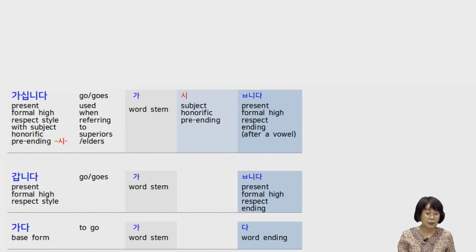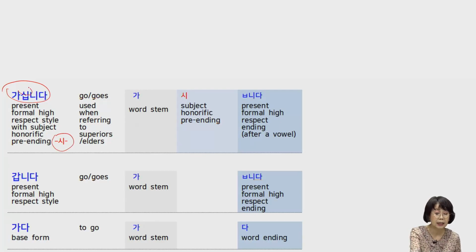가십니다. Present formal high respect style with subject honorific pre-ending 시. It means, again, go or goes. It is used when referring to superiors or elders.